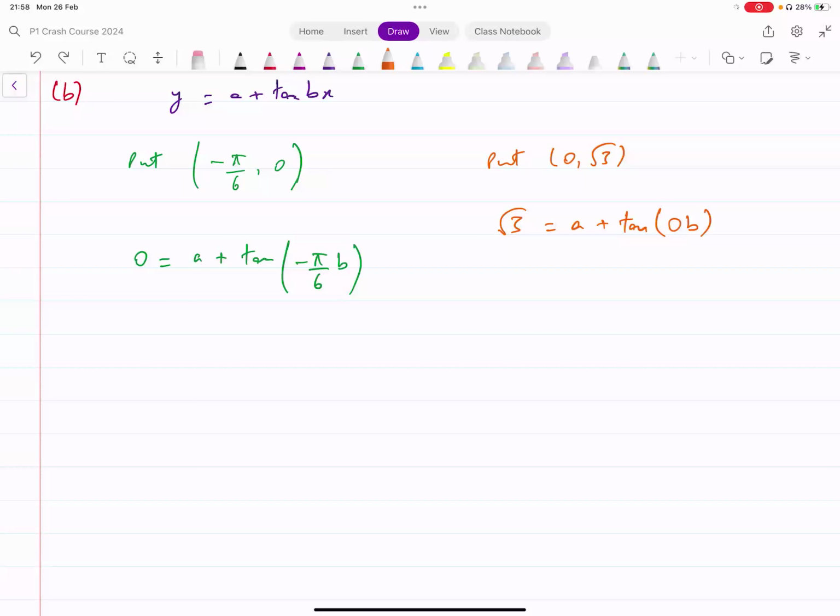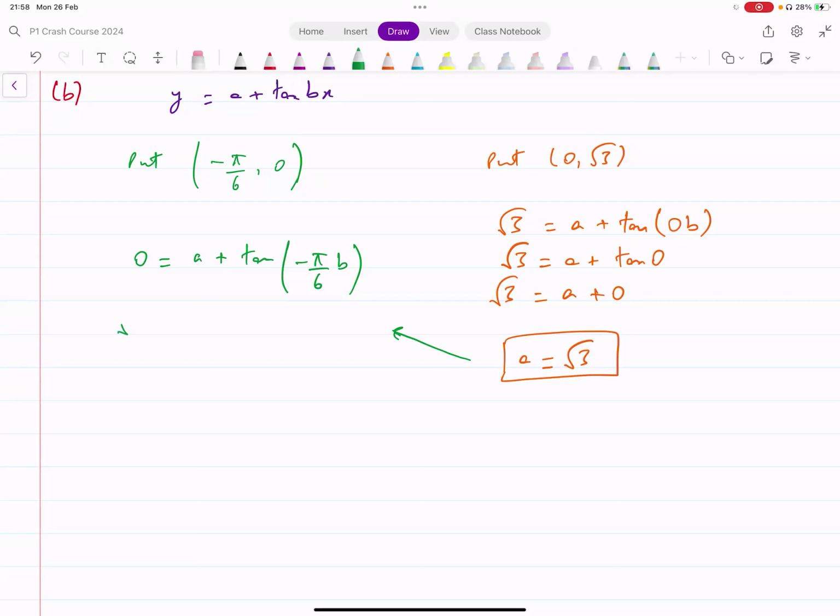x is 0, 0 times b, that becomes 0. Under root 3 equals a plus tan of 0. Tan of 0 is 0. So you get a equals under root 3 from this. Okay, the value of a turns out to be under root 3. That's one thing that we were looking for. Put that in the other equation.